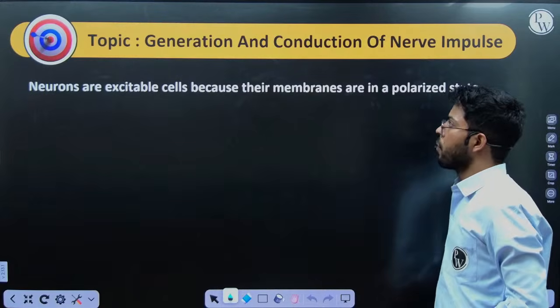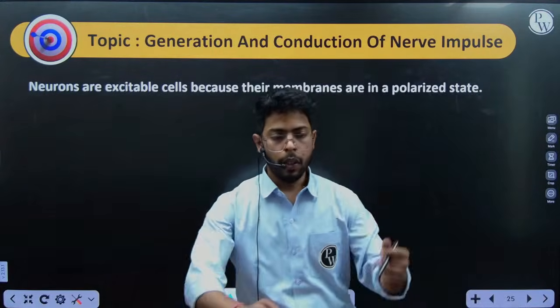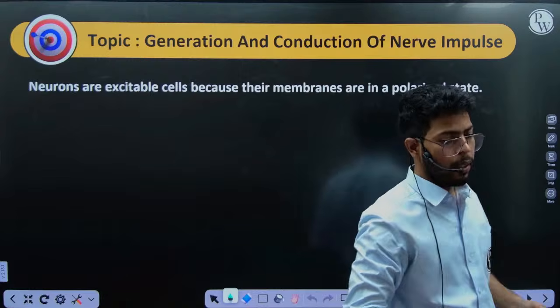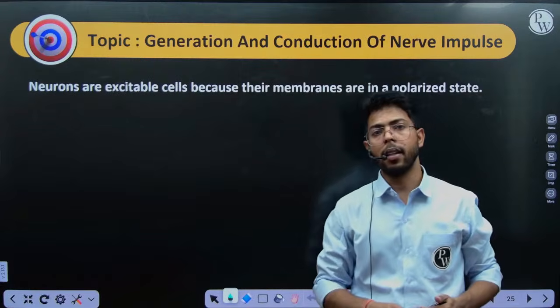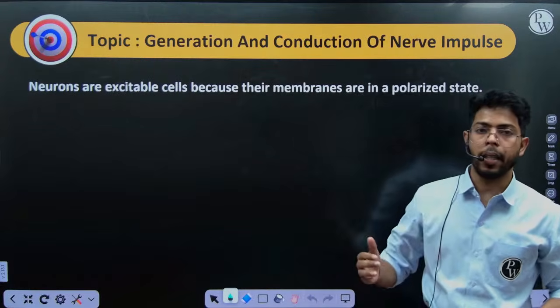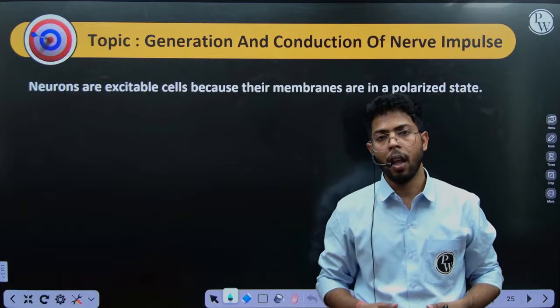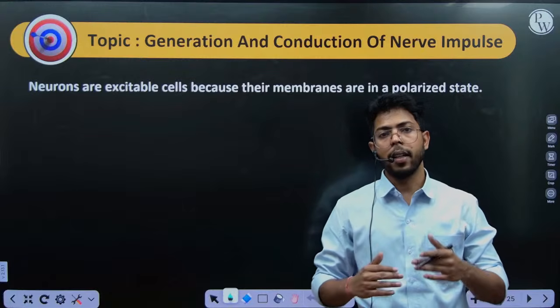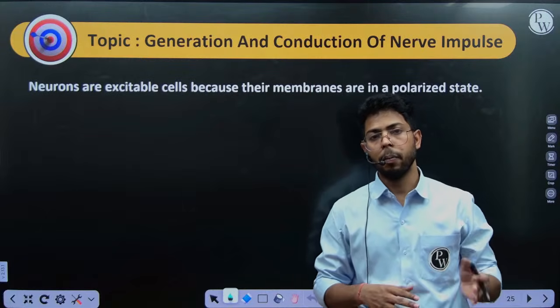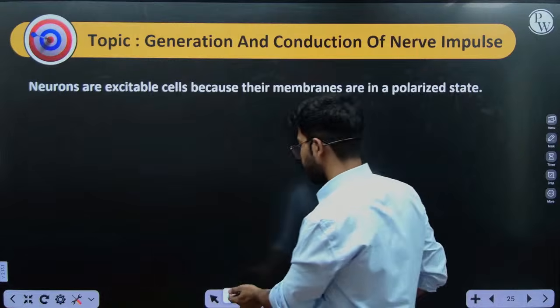Generation and conduction of nerve impulse. So neurons are excitable cells. We have discussed in earlier slides that neurons are excitable cells because they can change their membrane potential from -70 to +30 and +30 to -90 and -70 also.